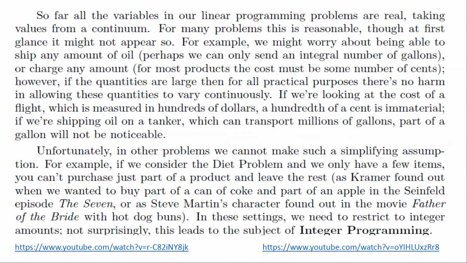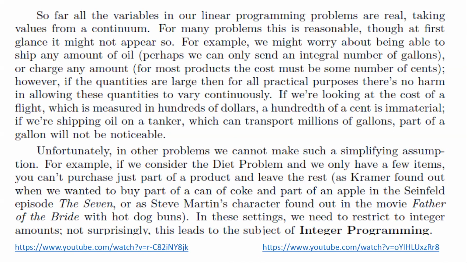Unfortunately, and this is an issue we've seen before in the class, not everything we want to do involves just real variables. There are often integer-valued restrictions. I have pasted links to 2 of my favorite scenes. One is from Seinfeld, and one is from the movie Father of the Bride.